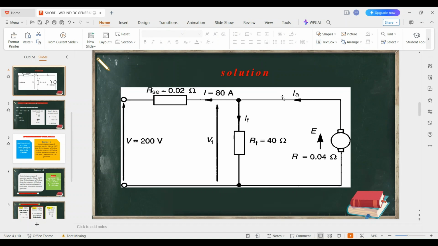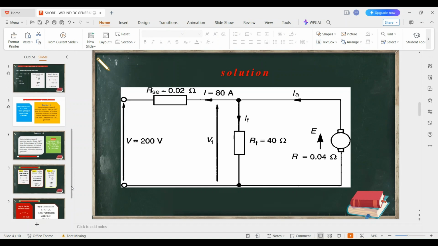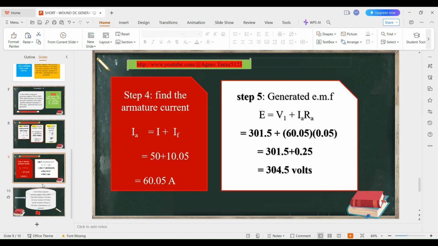Therefore, the armature current, which is going into the junction, using Kirchhoff's current law will be given by the current that is flowing to the load plus the current that is going through the field resistance. I believe that now it is clear.